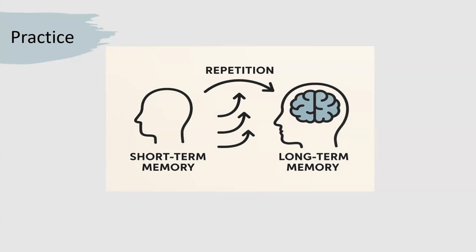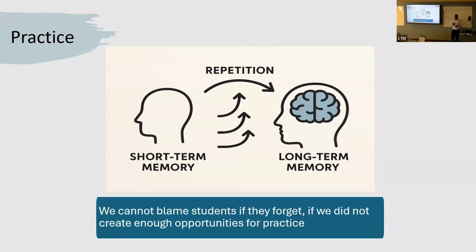Guys, the key word to practice is repetition. Repetition. We need to constantly give it several tries, several goes, so that students can transfer the information from their short-term memory to their long-term memory. We cannot blame students if they forgot what we taught, if we are not giving them enough time for practice, right?